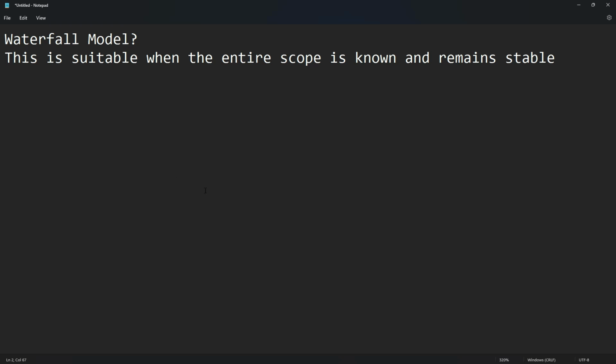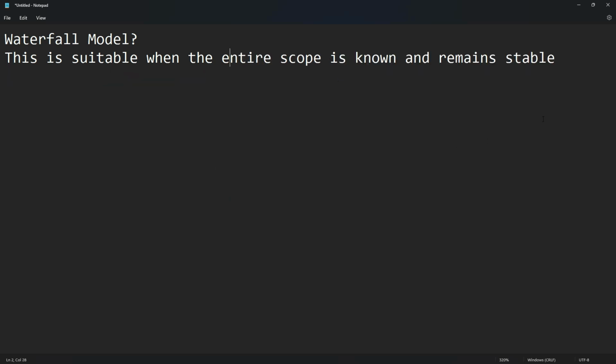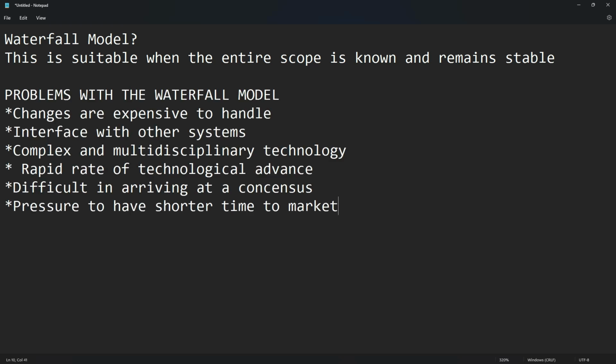So there are quite a lot of problems associated with the waterfall model. They include the following: changes are expensive to handle. The interface with other systems will be a problem.